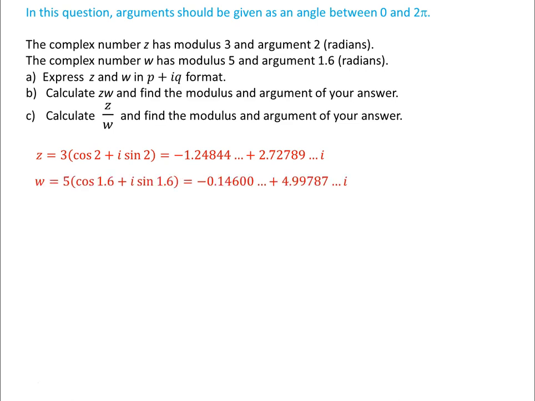And similarly, we get w is 5 times cos 1.6 plus i sin 1.6, which gives minus 0.146 plus 4.997 times i.